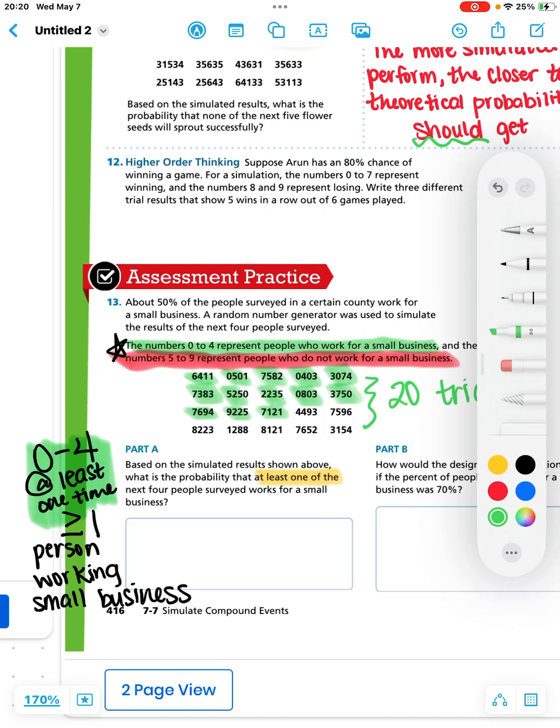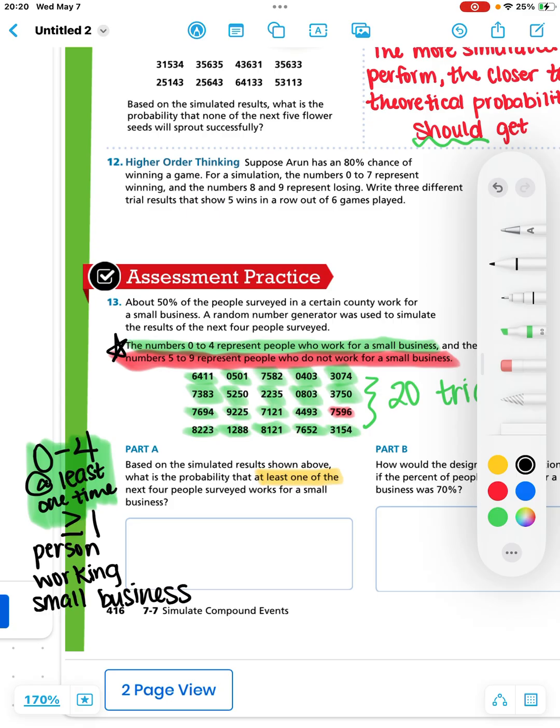Anytime I see a 0 to 4, so that means 0, 1, 2, 3, and 4, I'm highlighting it. 7, 5, 9, 6. Notice here that this does not have any of these numbers. That means these people surveyed, none of them worked for a small business. 2, 1, 1, 2, 3.